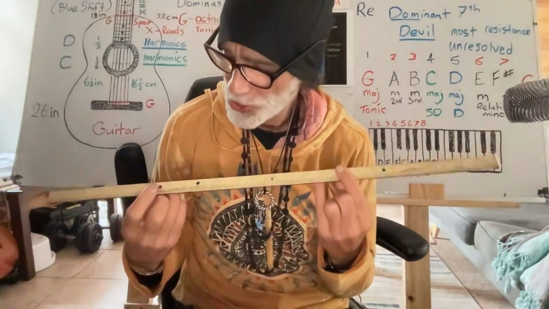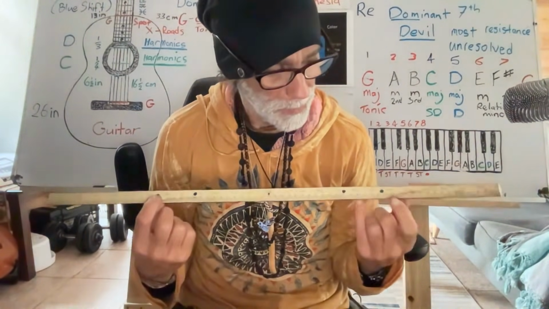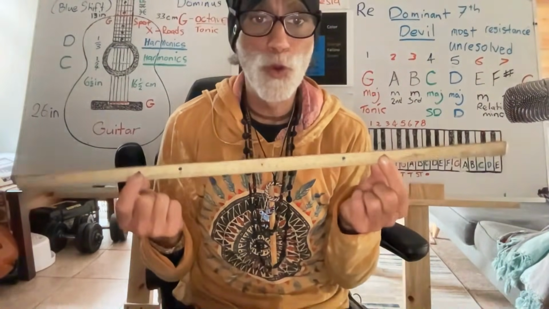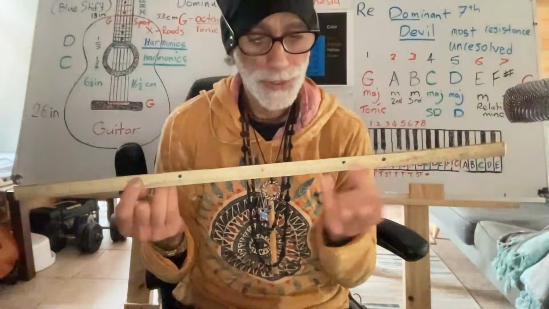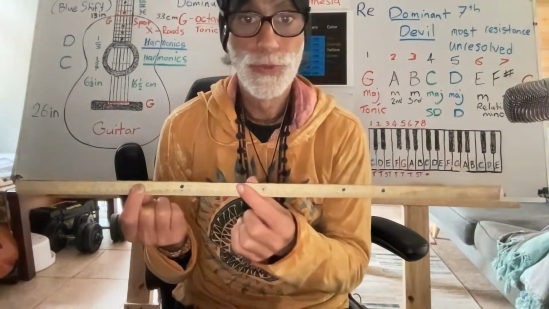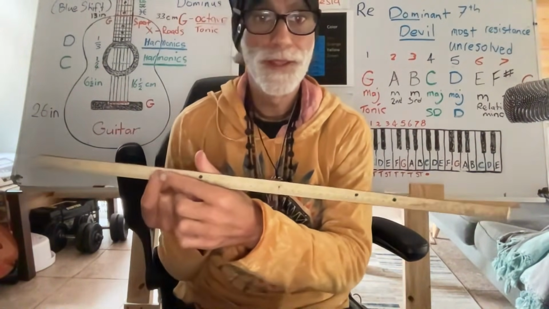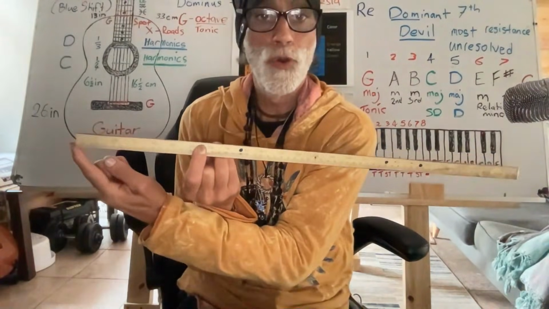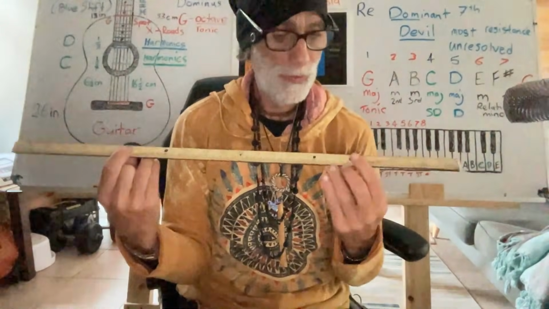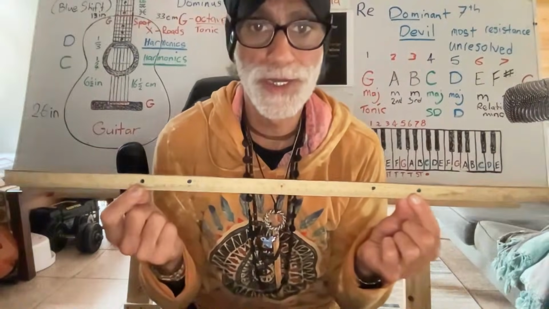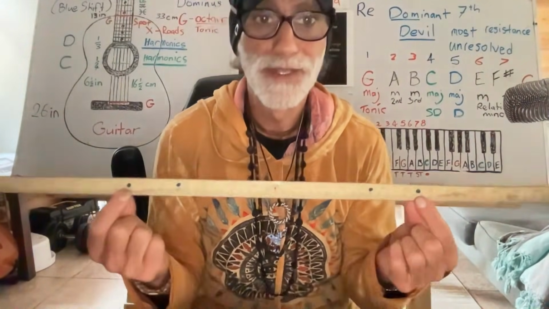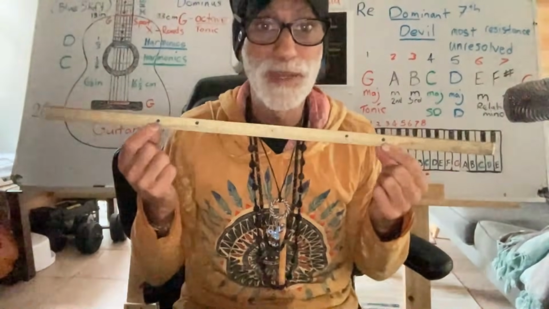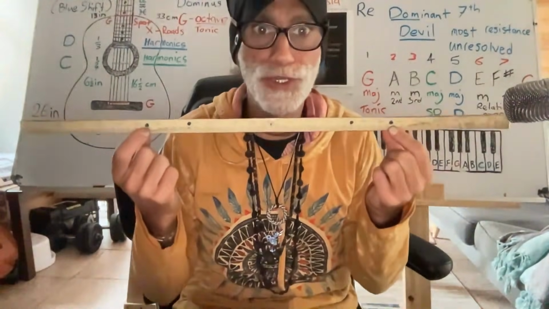But if you go to the quarter of the string, now you have 4 quarters. 1, 2, 3, 4. I'm not trying to treat you like kindergarten children, but you'd be surprised how many people just look at this and go, quarter?